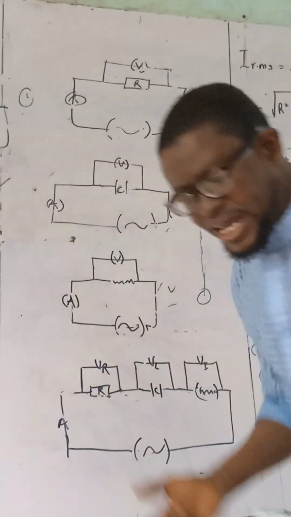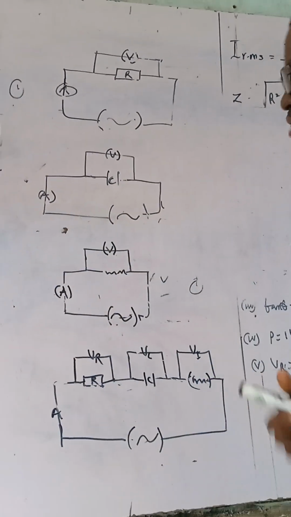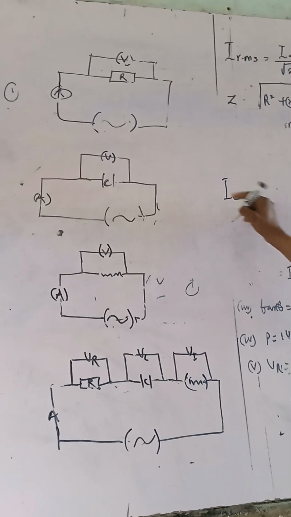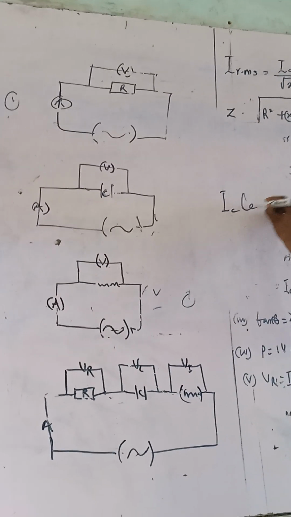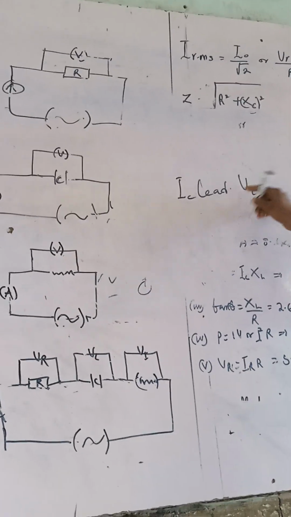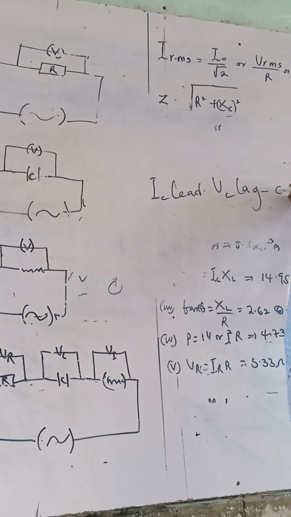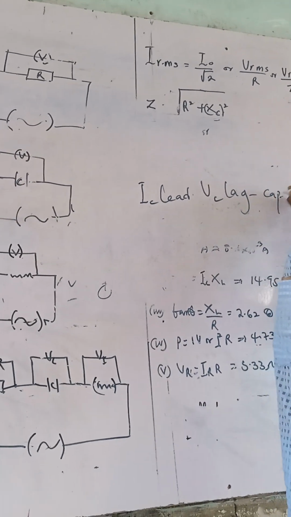Lag. So if you want to write what I've just said in words now, you will say IC, meaning current in capacitor, lead, then VC, voltage in capacitor, does what? Lag. That's how we write it. This one is in capacitor. So that's the summary in capacitor.